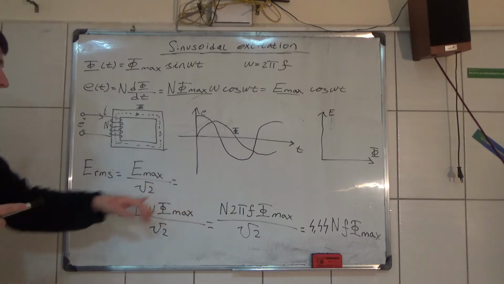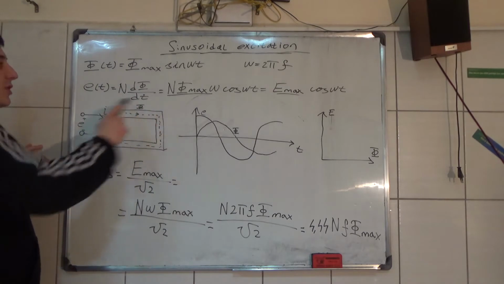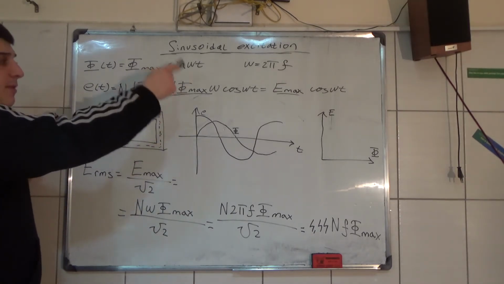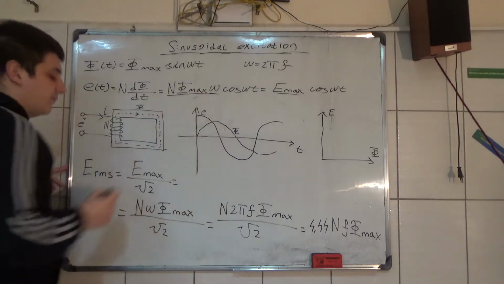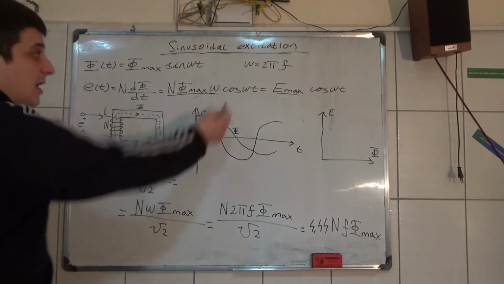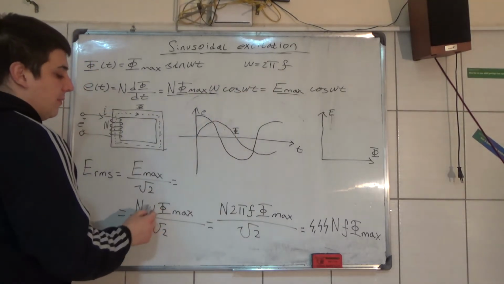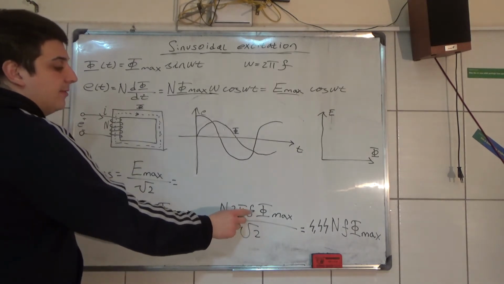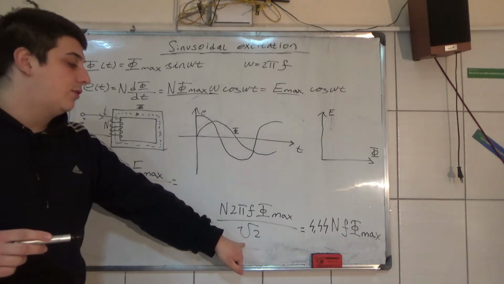Now, E max, the maximum voltage induced in this coil, is equal to the number of turns times the maximum flux times the angular velocity. And we write that down. The angular velocity is equal to 2 pi times the frequency. Now, instead of this omega, we write 2 pi f, flux max, N, divided by the square root of 2.